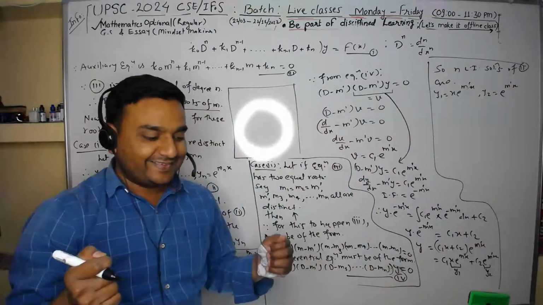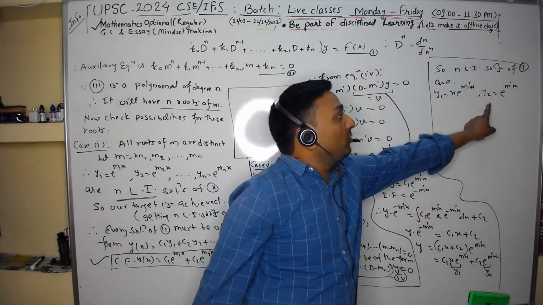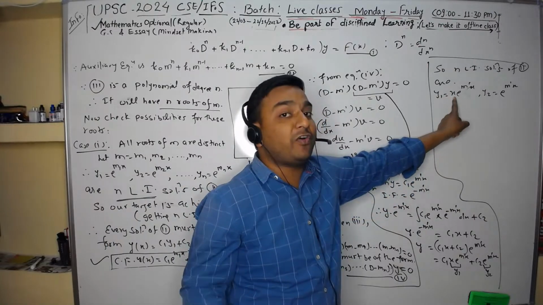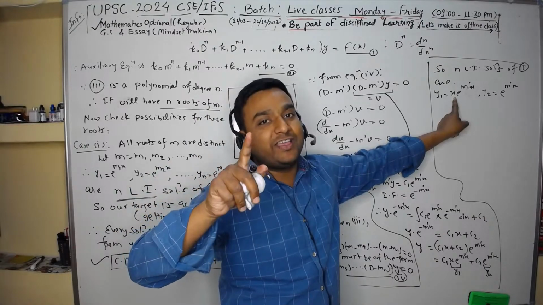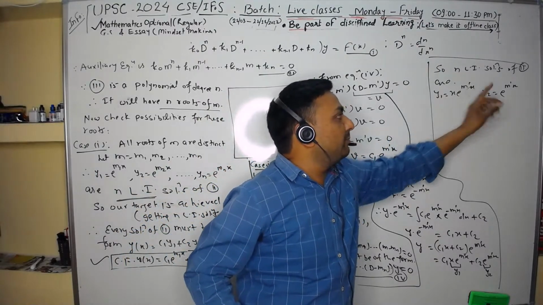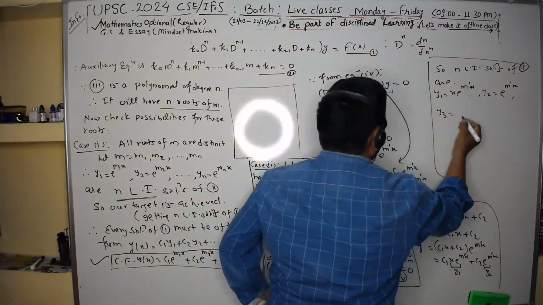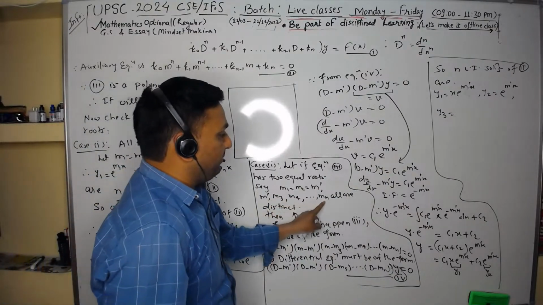And now I guess you know the definition I told you, that y1 cannot be written as some alpha times y2. Don't think alpha x is allowed, I will beat you then. Alpha is a constant. So y1 and y2 are linearly independent. What about y3? The rest were all taken distinct. Where did that go? m3, m4, ..., mn are all distinct.